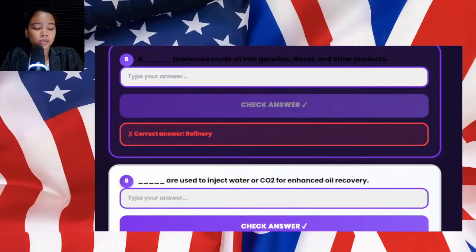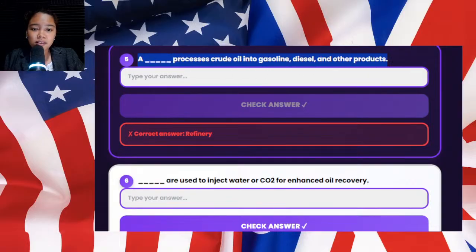So that's why I'm confused. I overlapped the meaning. But anyway, the answer is refinery. Let's complete the sentence: A refinery processes crude oil into gasoline, diesel, and other products. So that is our answer.